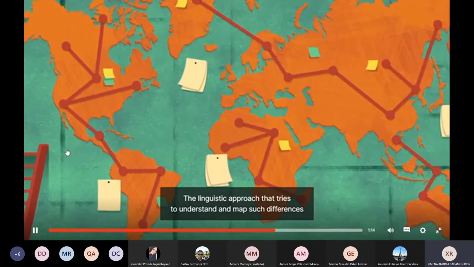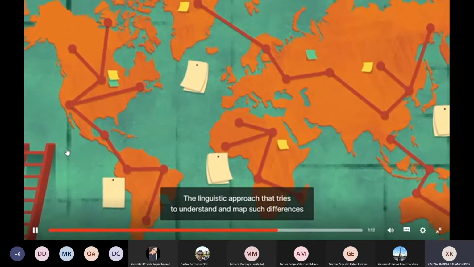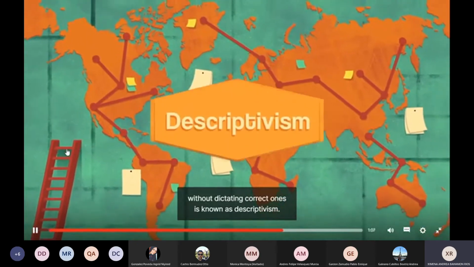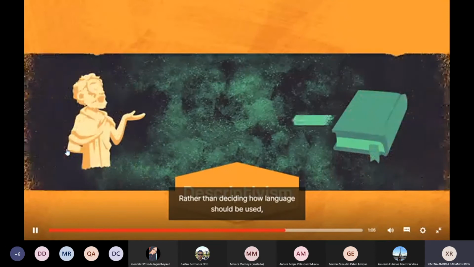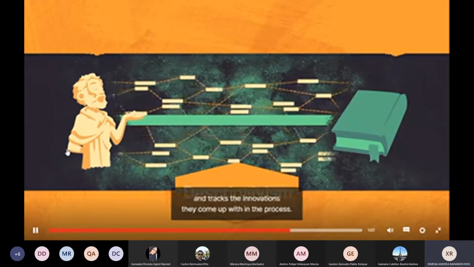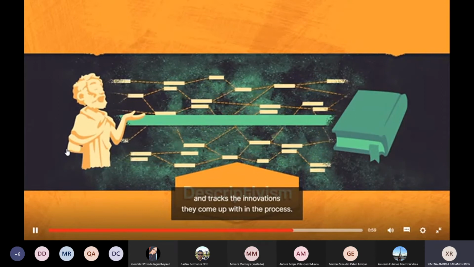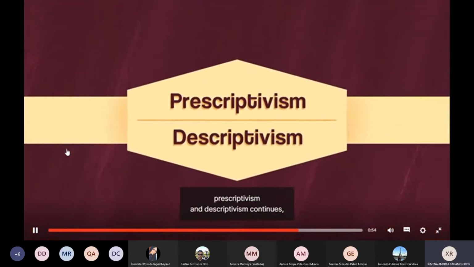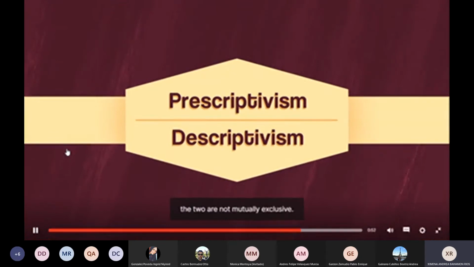The linguistic approach that tries to understand and map such differences without dictating correct ones is known as descriptivism. Rather than deciding how language should be used, it describes how people actually use it and tracks the innovations they come up with in the process. But while the debate between prescriptivism and descriptivism continues, the two are not mutually exclusive.